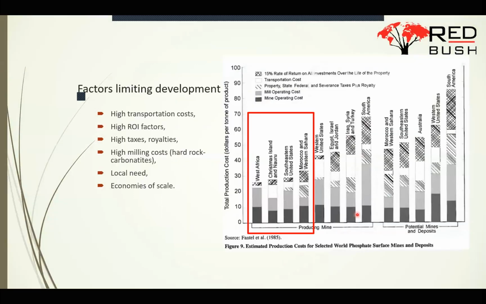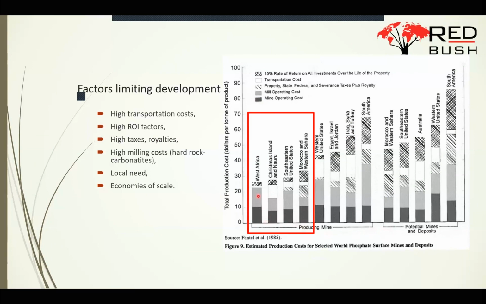Okay, just to give a little idea on factors limiting the development. Now, this is from 1985, but I don't think it's changed dramatically. There was a breakdown, amongst other things, of the costs of both operating and bringing on stream various types of deposits. So you see the West African ones.